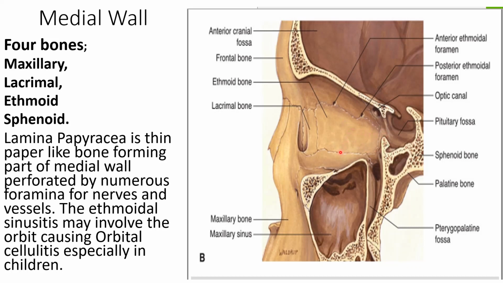There is a thin, paper-like bone forming part of the medial wall, perforated by numerous foramina for the nerves and vessels. The ethmoidal sinusitis may involve this bone and can cause orbital cellulitis, especially in children where this lamina papyracea is very thin.